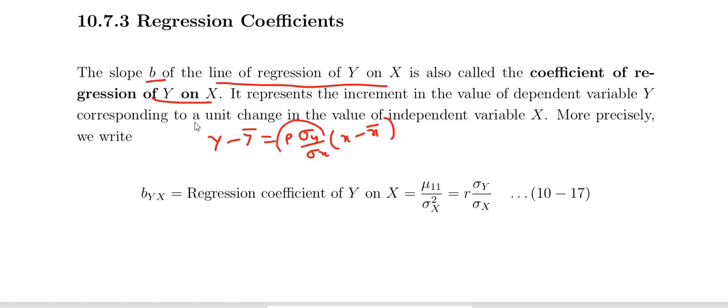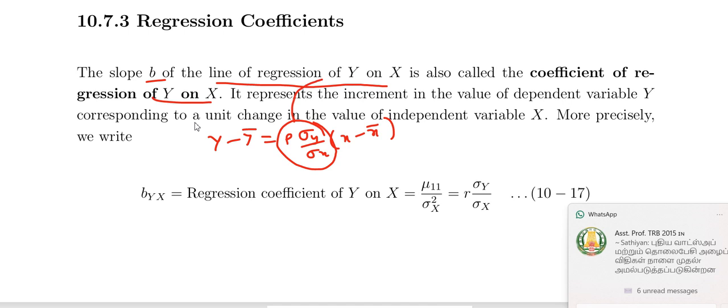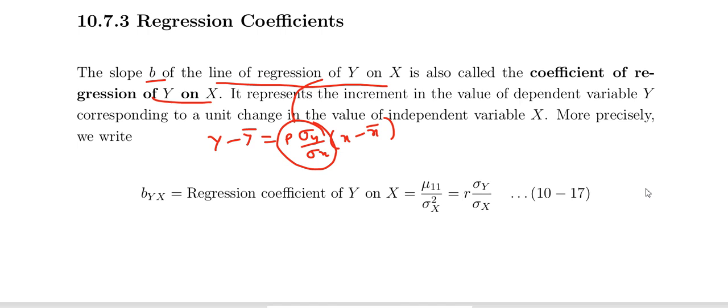So the coefficient of x is called the regression coefficient of y on x. This is what I said at the very start. It represents the increment in the value of the dependent variable y corresponding to a unit change in the value of the independent variable x. Because it is y on x, it is called byx.